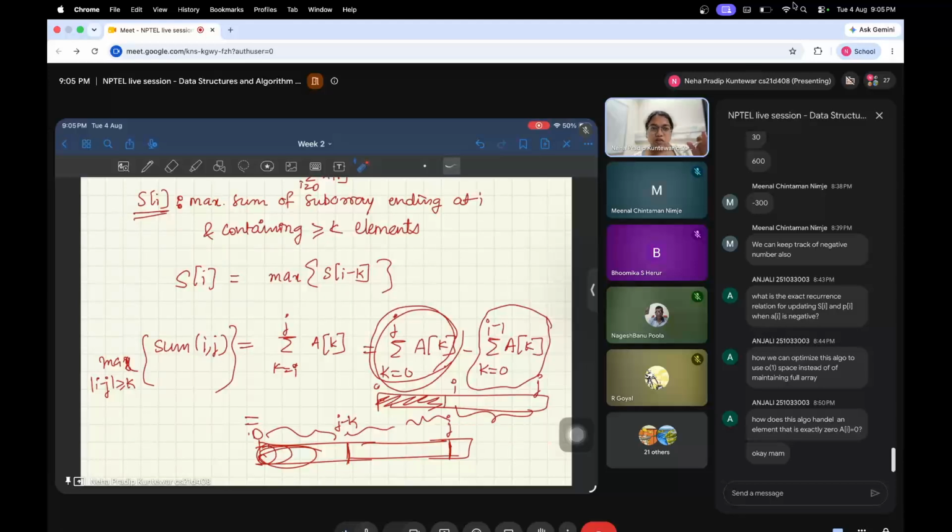This is similar to what you did earlier, where you were keeping track of the minimum product as well. So here you want to keep track of the minimum sum until that point, and this is something you can do in order n.